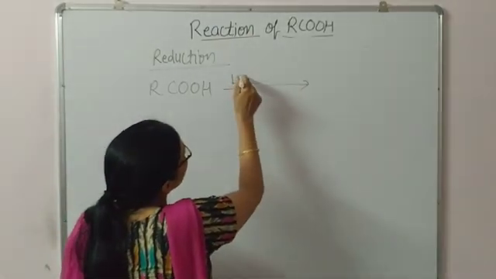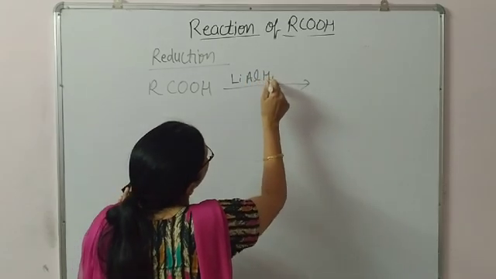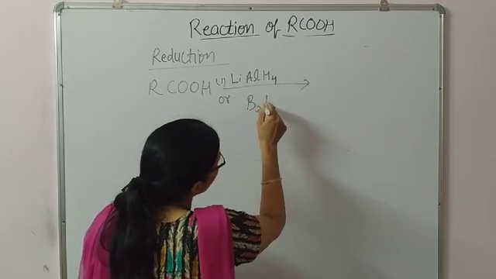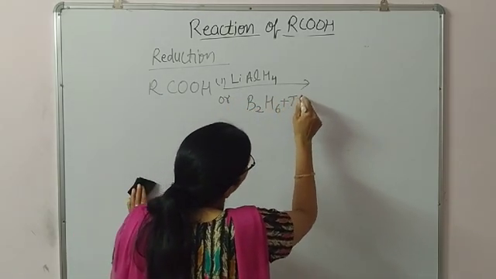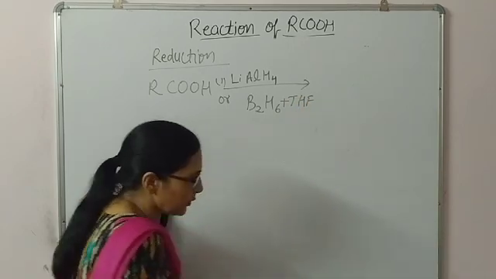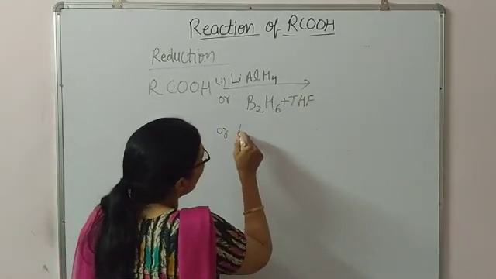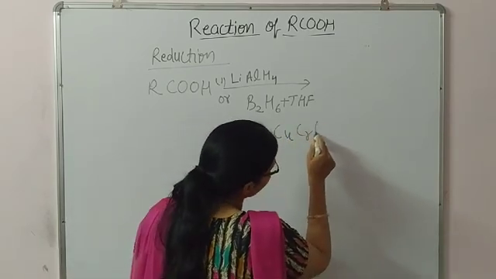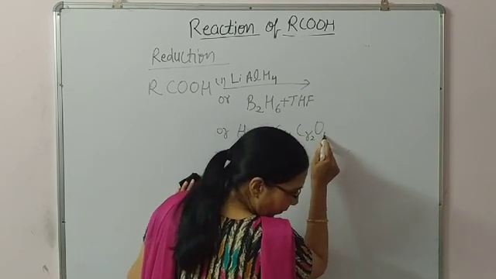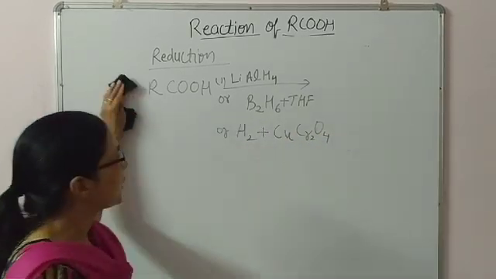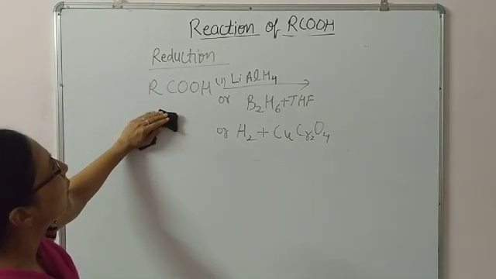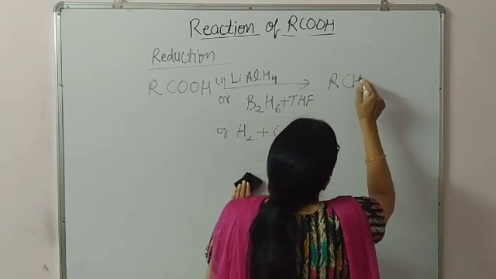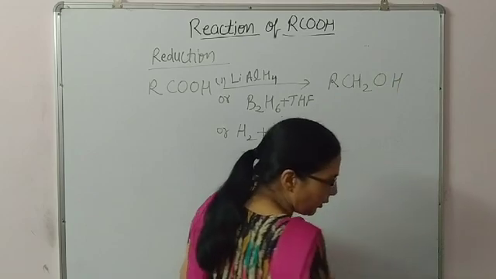Number 1, lithium aluminium hydride, or B2H6 in tetrahydrofuran, or hydrogen in the presence of copper chromate. So these are the three particular reducing agents which, as strong reducing agents, will convert it to alcohol.